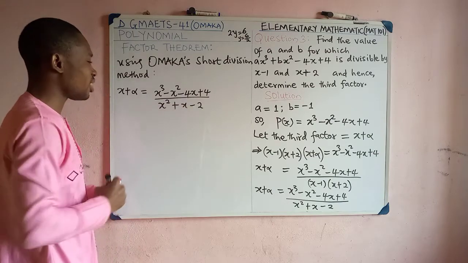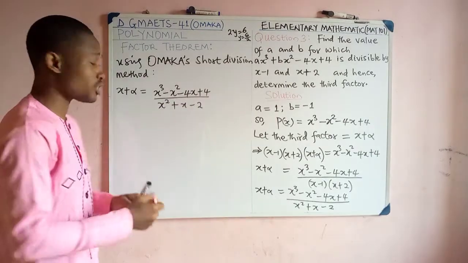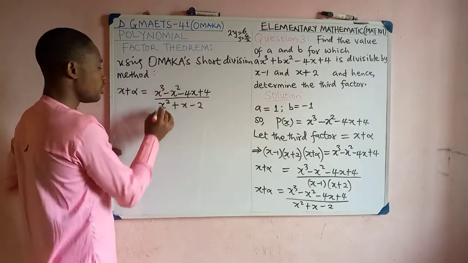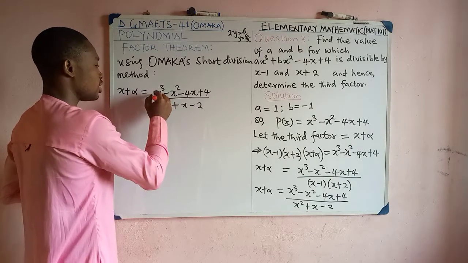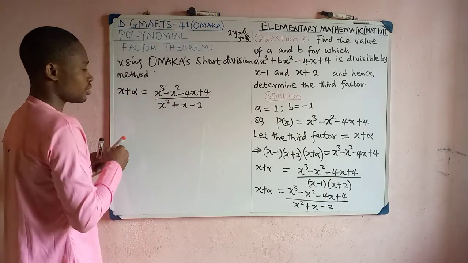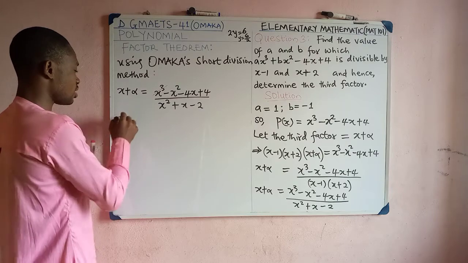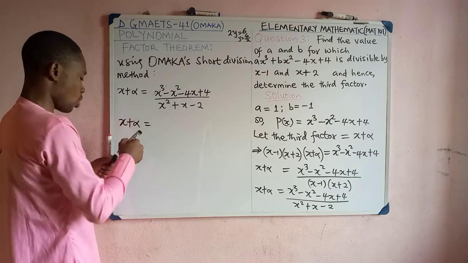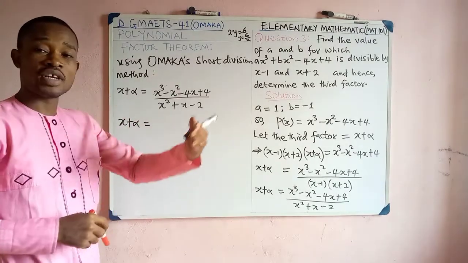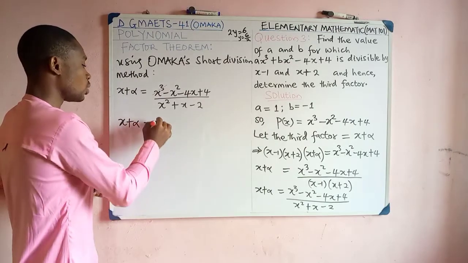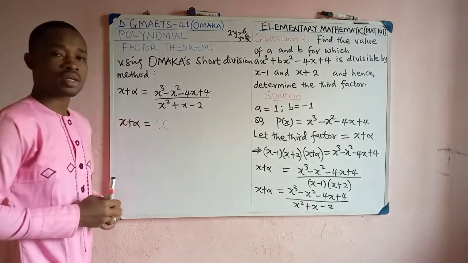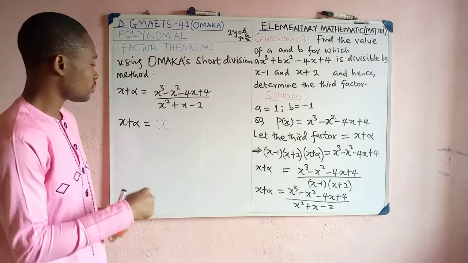We've already done a lot on polynomial division before, so let's just move on. X cubed will be divided by this x squared. So let me cancel that out. And if it divides it, let's see what it's going to give to us. This is equal to x raised to power 3 divided by x raised to power 2 will give you x. So let me write it with red marker.